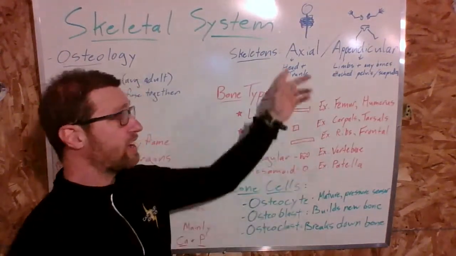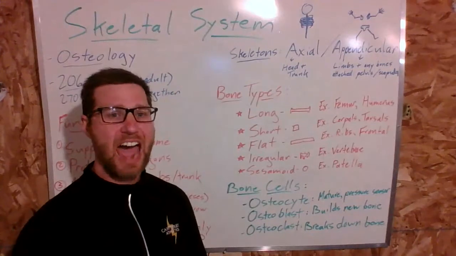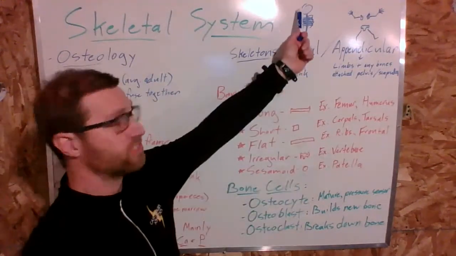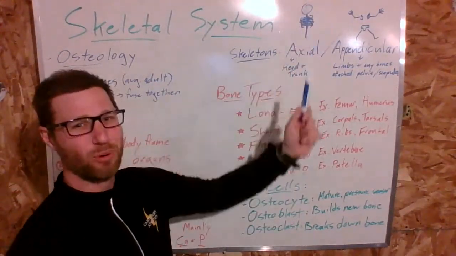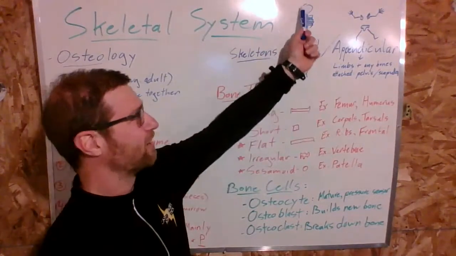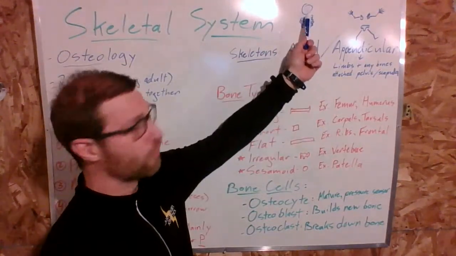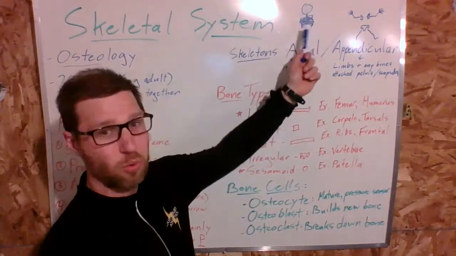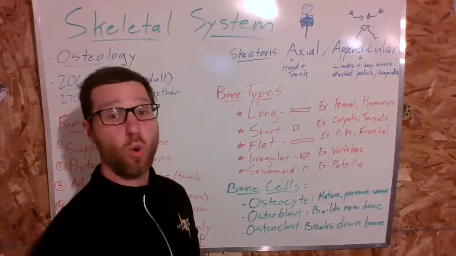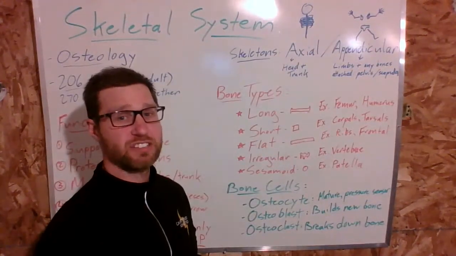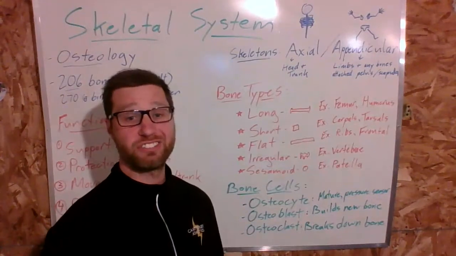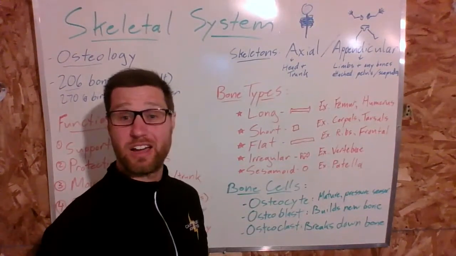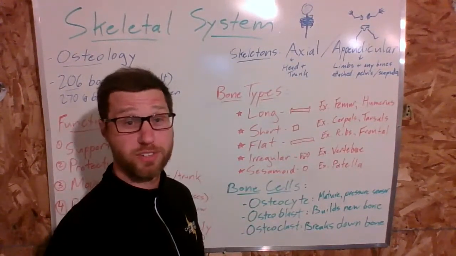So think of the bones of the skull. This is my poorly drawn picture here of the skull and your vertebral column and your rib cage, and that's primarily your axial skeleton. So anytime we refer to your axial skeleton, that's the area we are referring to.